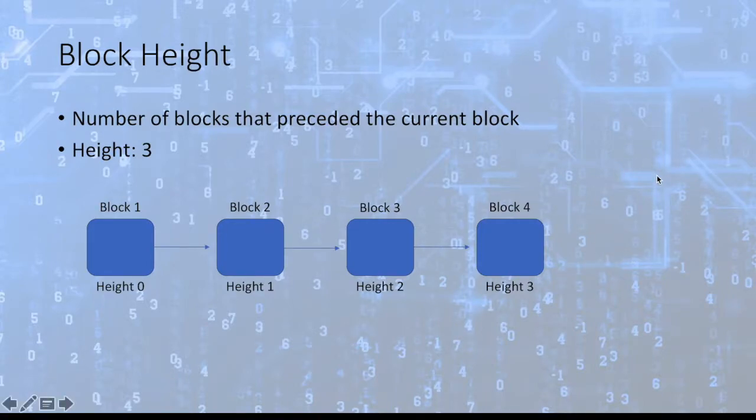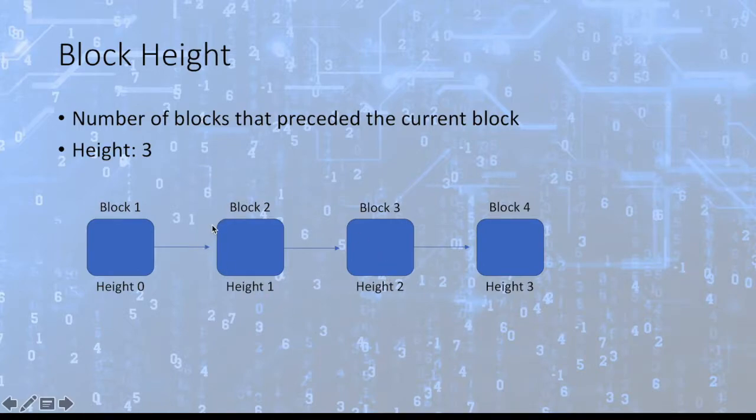Next one, block height. You might hear this word a lot, and what it means is just the number of blocks that preceded the current block. Going back to our example of the blockchain, we have here block 1. The height of block 1 is actually 0, because there are no blocks preceding block number 1. Moving on to block number 2, the height is 1.